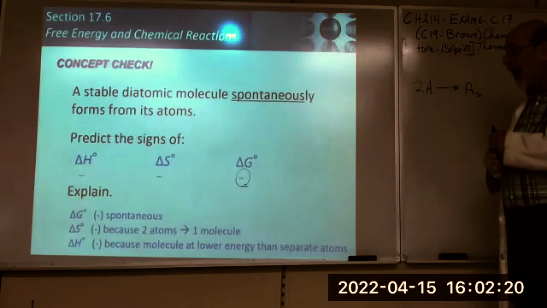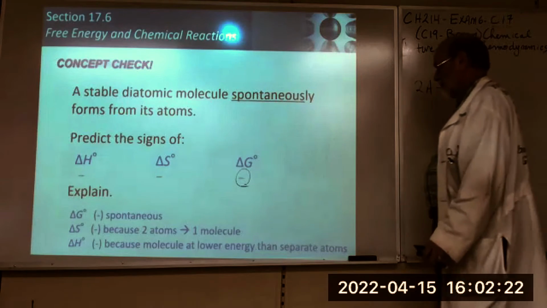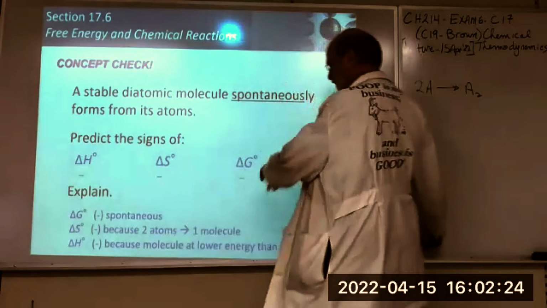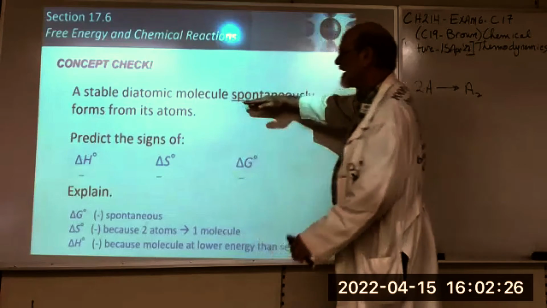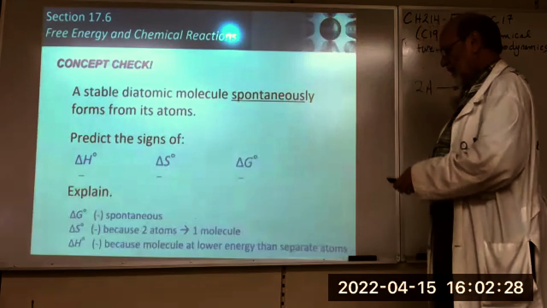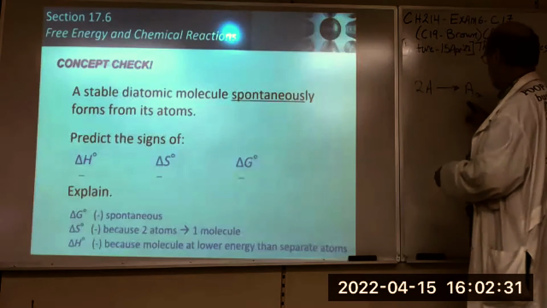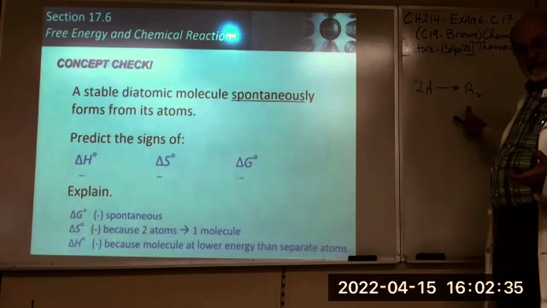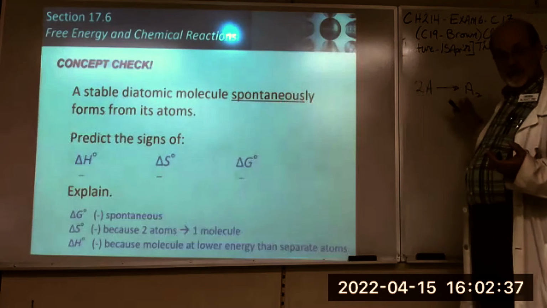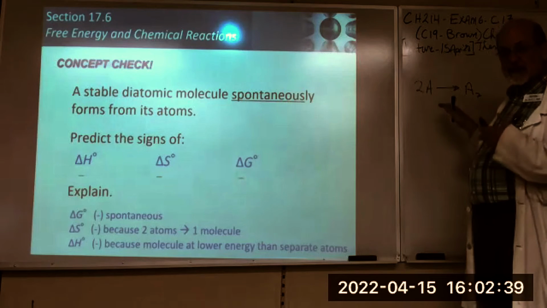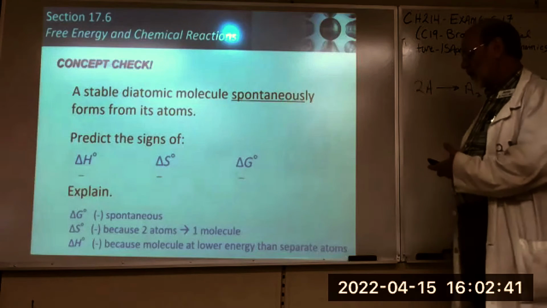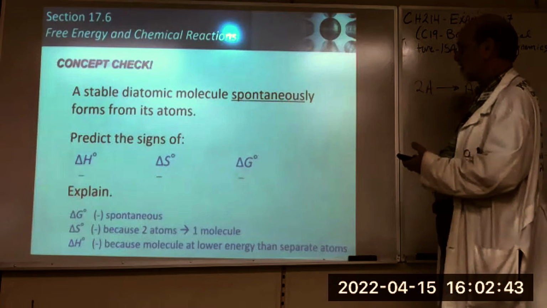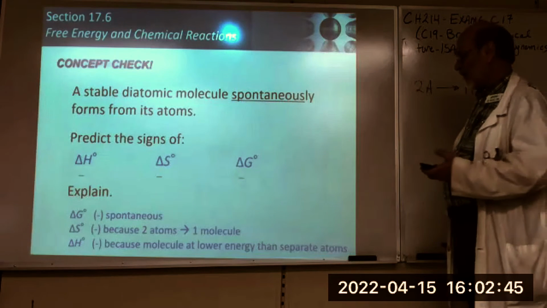There, okay, now it makes sense. Right, we've still got a negative delta G because it's spontaneous. But if we're going from two atoms to one molecule, we're decreasing the entropy. We're going from 2 to 1, and that is more ordered. So a delta S for this system would be negative.